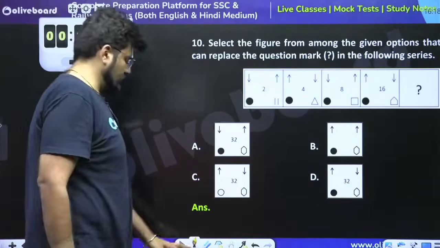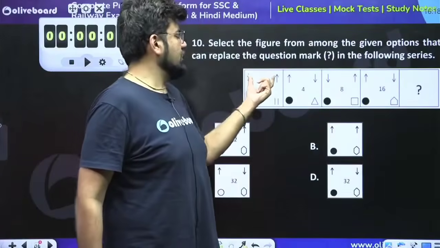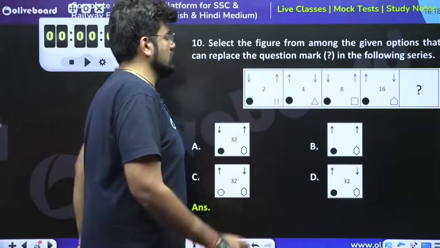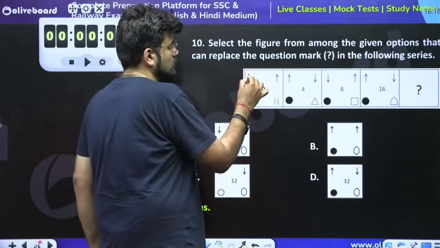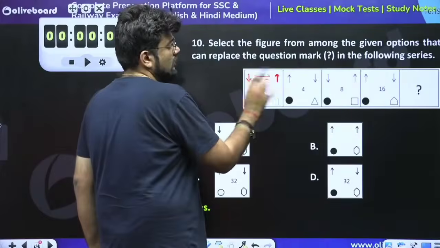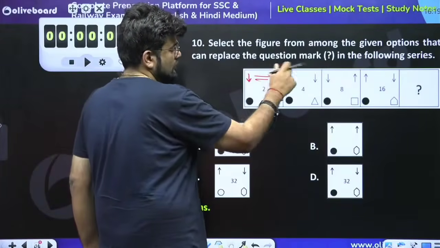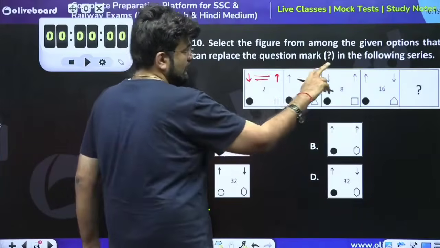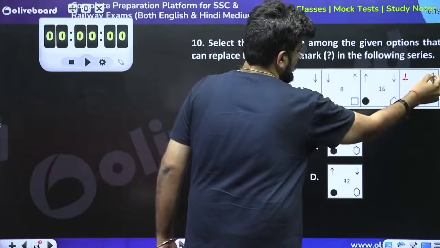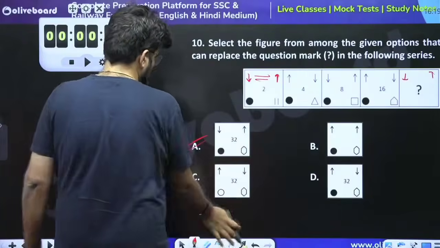Now, if you observe the pattern, this element here is flipping. This alone will give you your answer. These two arrows, either you consider them to flip, that is, this goes here, this goes here, or you can consider them to rotate 180 degrees at their position only. Either way, the next answer should be below and above. And below and above is only in option A, nowhere else.